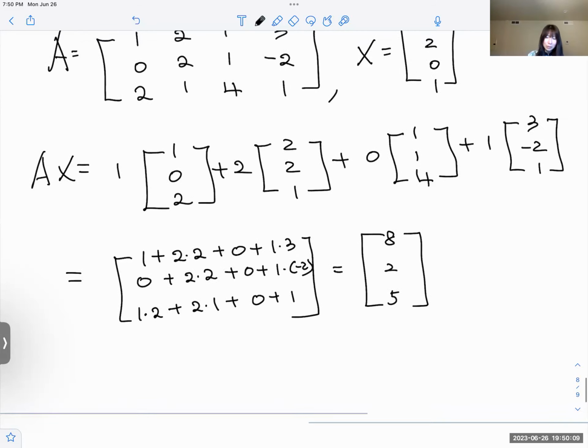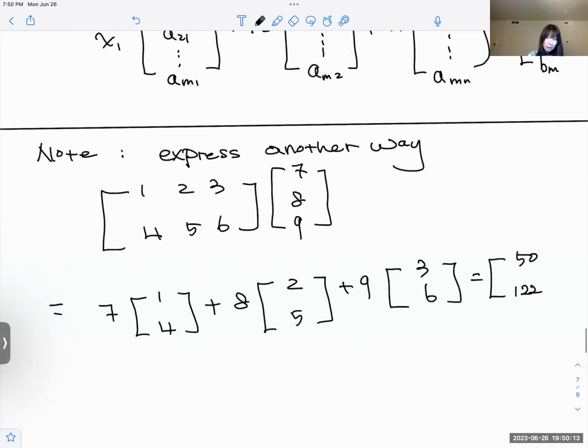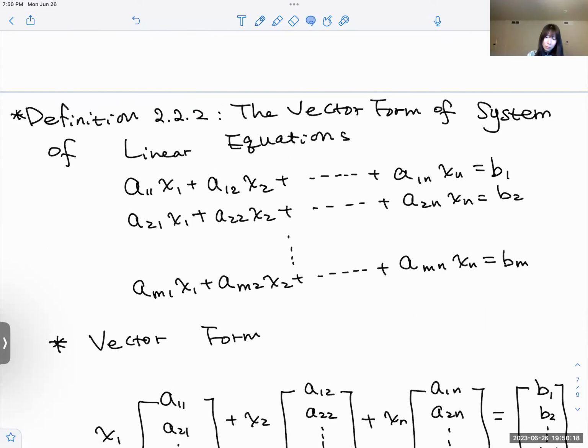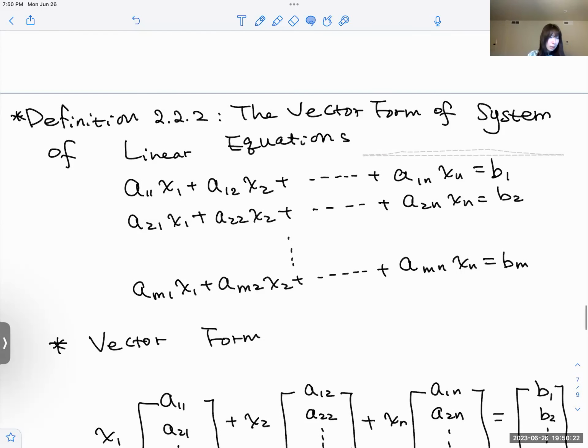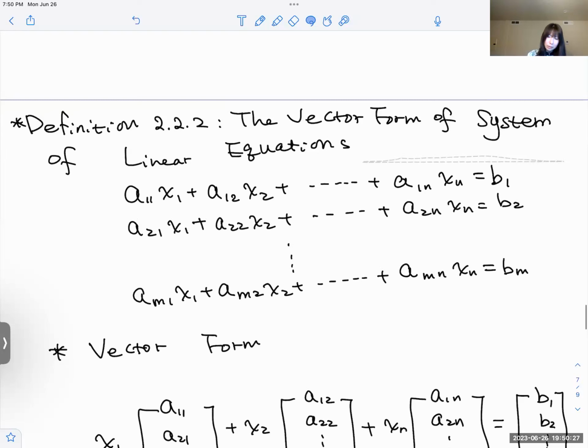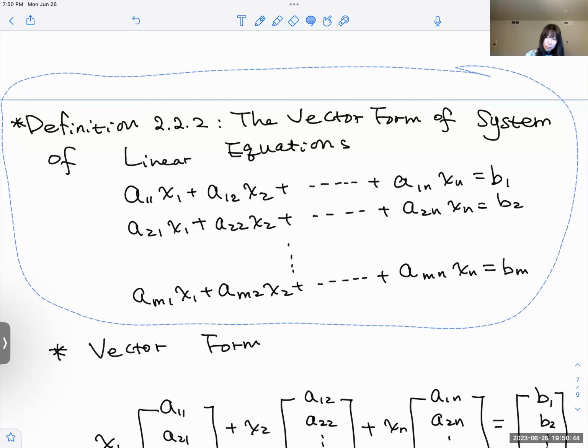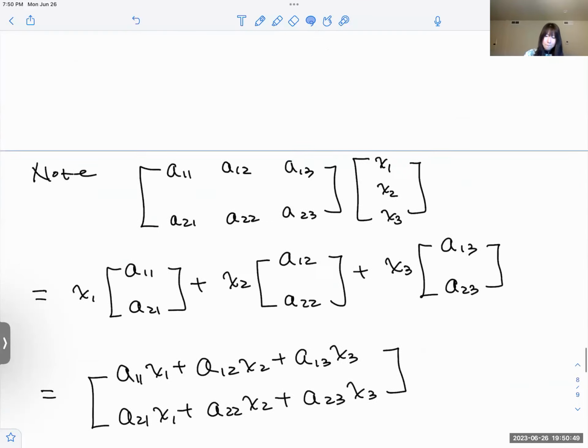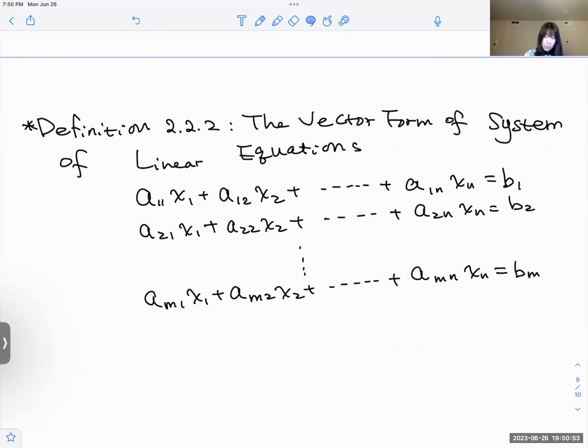So I'm going to just write down whatever we have. So matrix form, section 2.2.4.